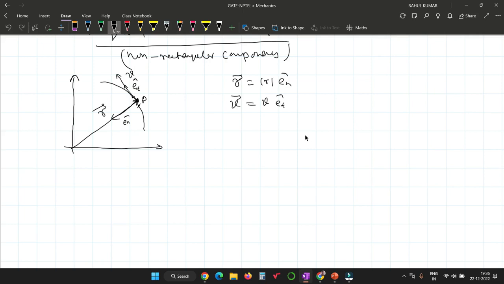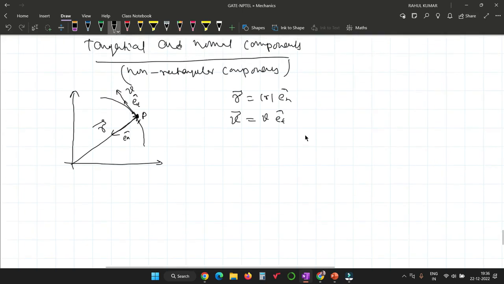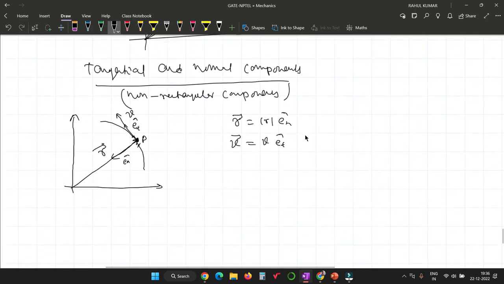Sir, what is that E, sir? E is nothing but a unit vector. In a rectangular coordinate system, you usually write i, j, and k, right? But in this form, I'm not saying polar component or polar coordinate.